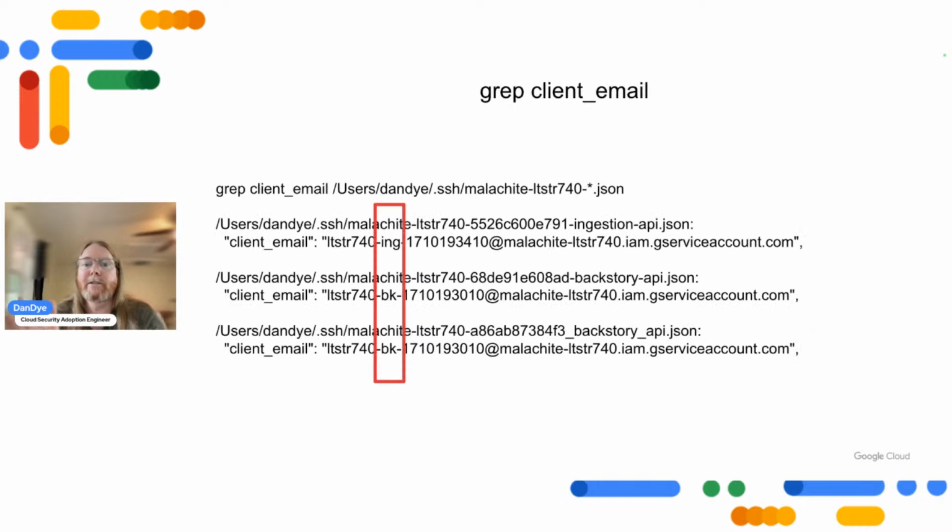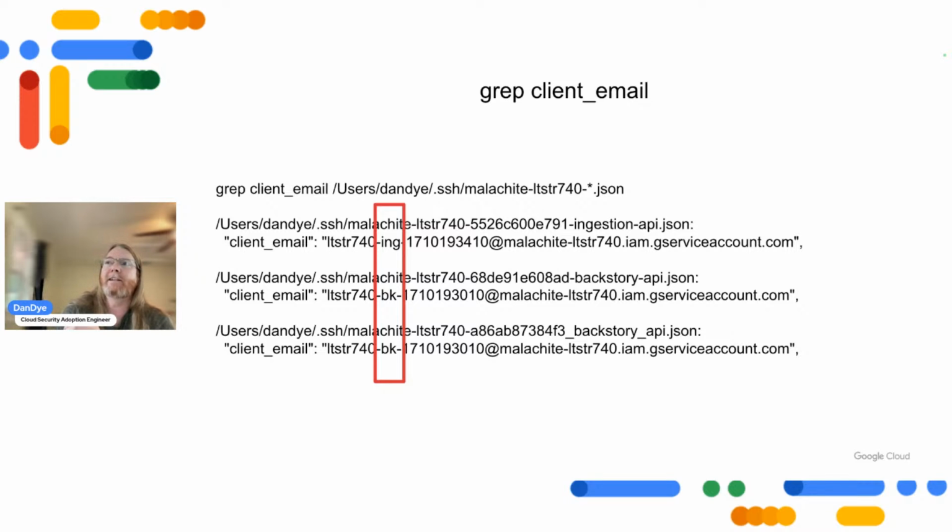So here is that clue in the client email fields of the JSON files with the service account credentials. BK is for backstory, and ING is for ingestion. So that's the clue. You can also see that I have renamed the files themselves to give them more meaningful names.